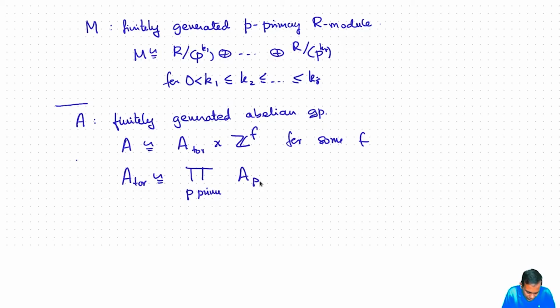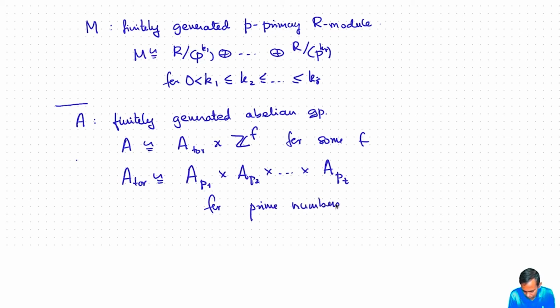But since it's finitely generated, there will only be finitely many primes in this. So maybe I'll write it as A_p1 cross A_p2 cross through A_pt for finitely many prime numbers p1, p2, through pt. Now let's ask how many possibilities are there for each of these.